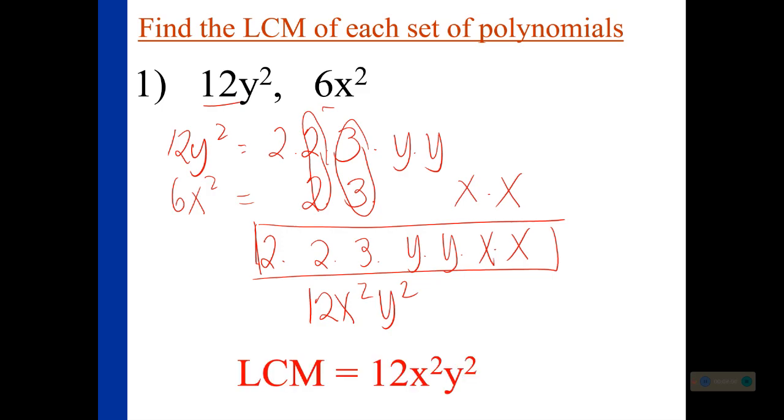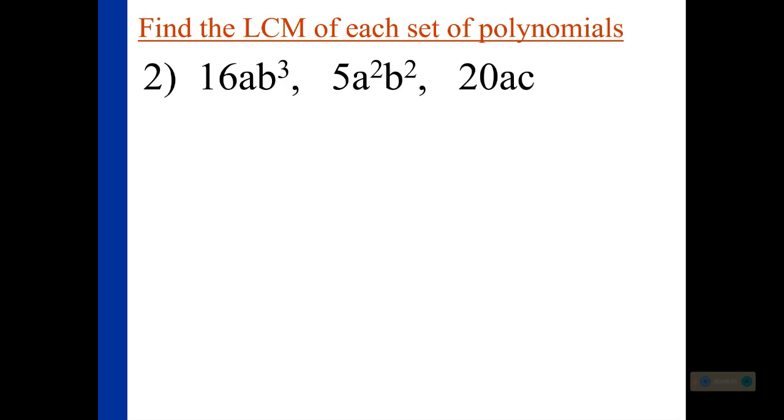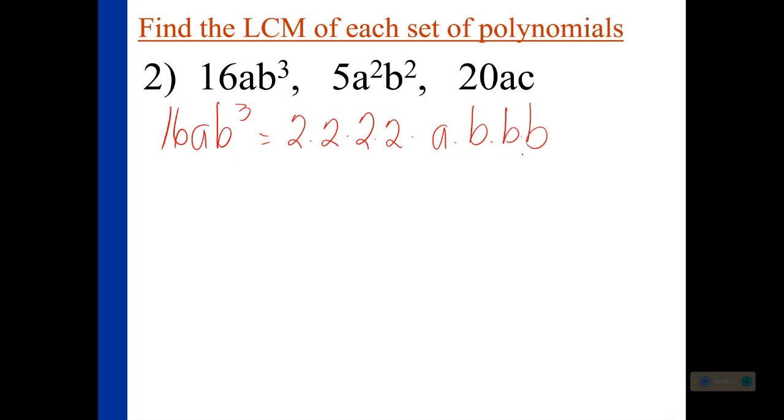Okay? Next. How about if you have 16ab cubed, 5a squared b squared, and 20ac? Okay? So let us have 16ab cubed. So we have here 2 times 2 times 2 times 2 times a times 1, 2, 3, so these 3 b's are equal to b cubed. Next, we have 5a squared b squared.